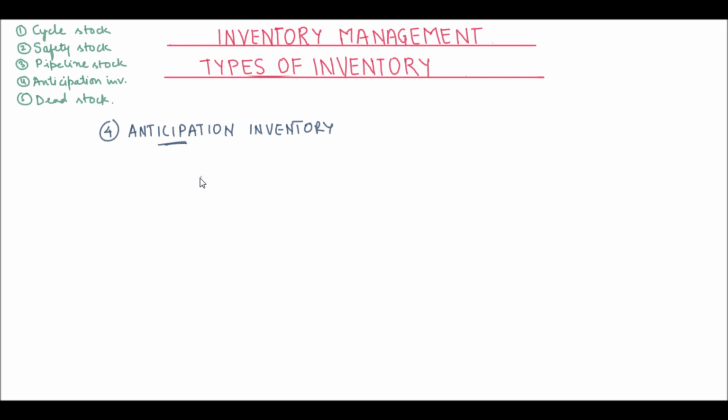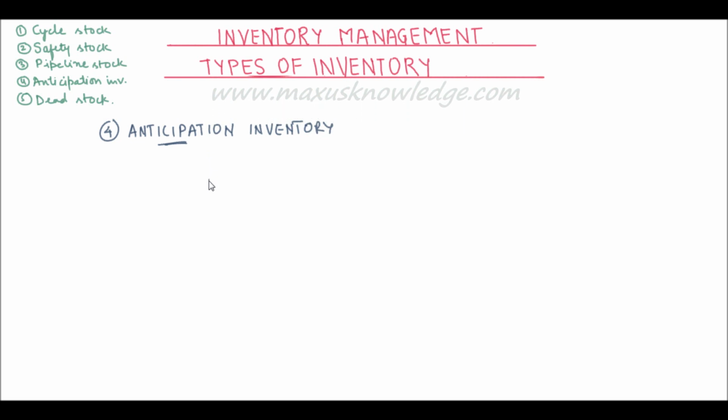For example, manufacturers of air conditioners or refrigerators experience high demand, or maybe the highest demand during the summer season, which may be only for 3 months in a year. Now if they have to spike the production during these 3 months only, then this may lead to higher rate of temporary labor.